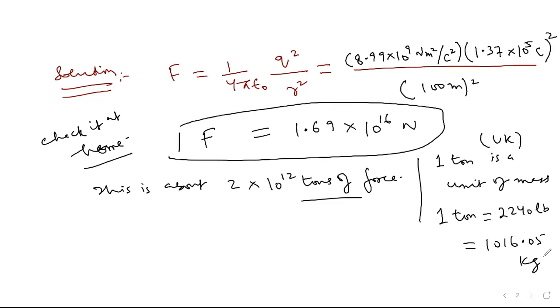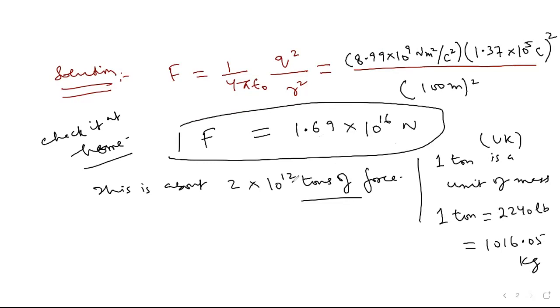And when I say this force is about 2 into 10 raised power 12 tons of force, ton is a unit of mass, but it is force here. That means it is equal to the weight of this much mass. If you calculate the weight of this much mass by multiplying the acceleration due to gravity, then this will be the ratio, right? This force is about the weight of this much 2 into 10 raised by 12 tons of mass, right?